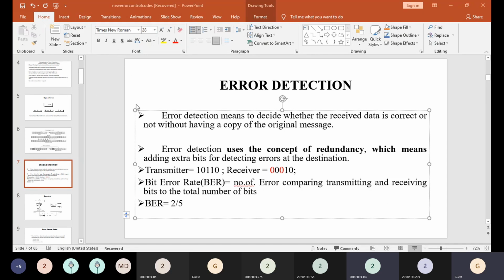You'll be having the input data bits, k data bits, and the data word generator or the code word generator. How to generate these code words depends upon the processing scheme which we are going to consider.